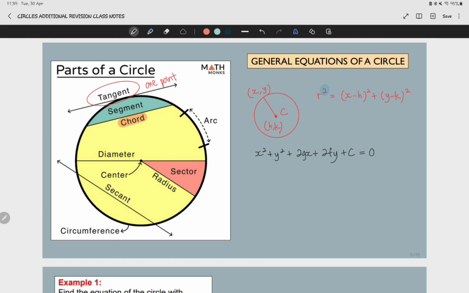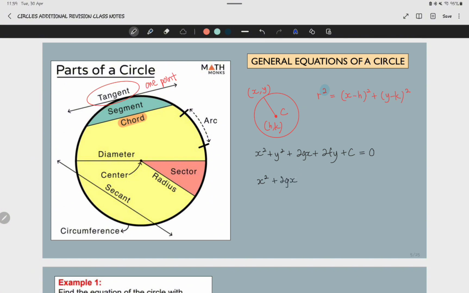Because sometimes they don't give you the completed square form. The red color one is the completed one, whereas the black color one is your general equation where you have to complete the square by yourself. So basically from here we put the x's together.